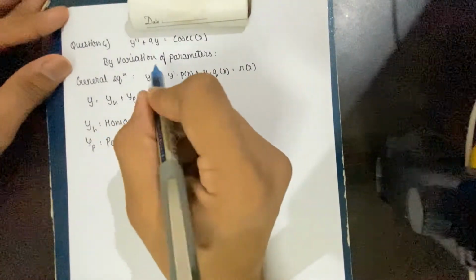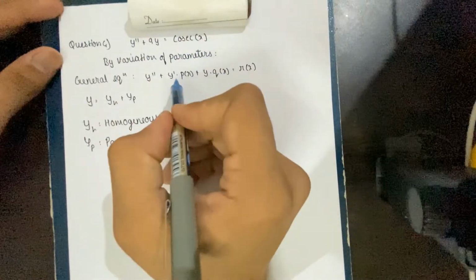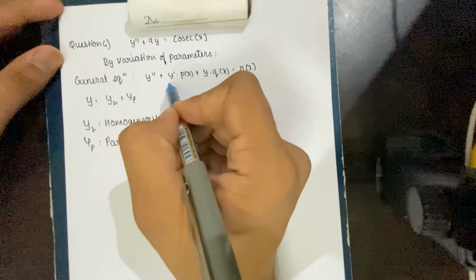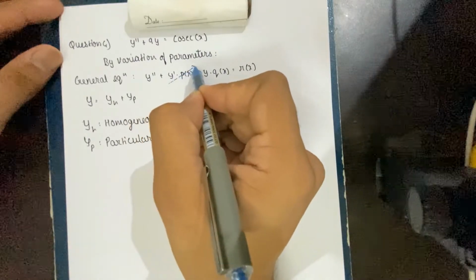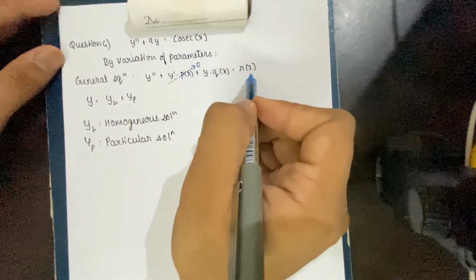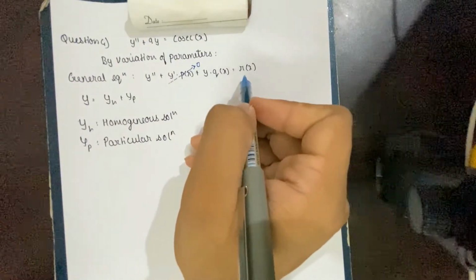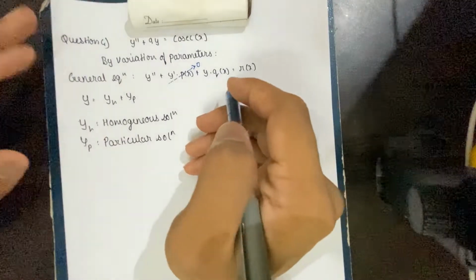Since this equation lacks y dash, it doesn't have any p of x, it only has a q of x and an r of x. Here q of x is 9 and r of x is cosecant of x.